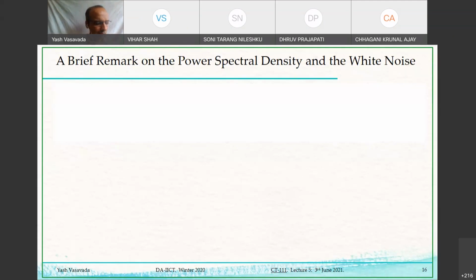Remember we introduced this notation of N naught. N naught is the power spectral density of the white noise. So what is this power spectral density and what is the white noise?